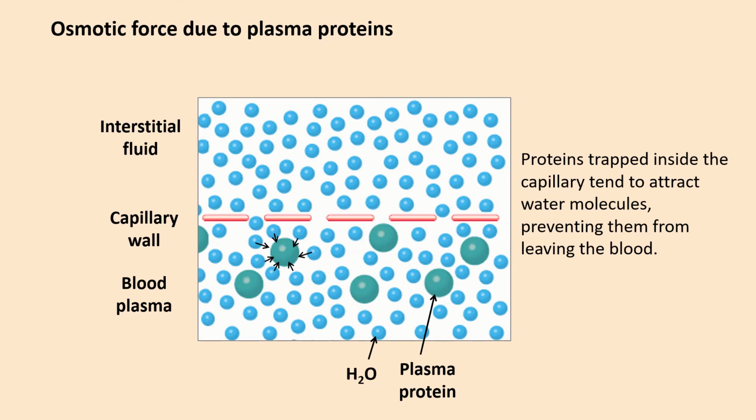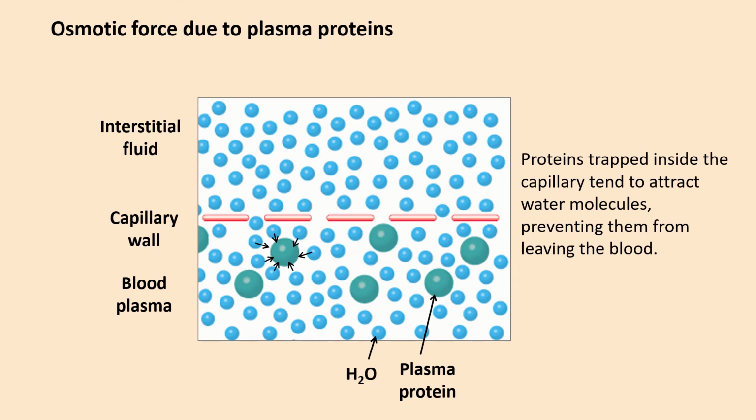Smaller solutes like glucose and amino acids can pass through those intercellular clefts and can freely cross, but the proteins cannot freely cross. And so they give rise to an osmotic pressure because they are solutes trapped on one side of a membrane. And these trapped solutes tend to attract water molecules toward them.